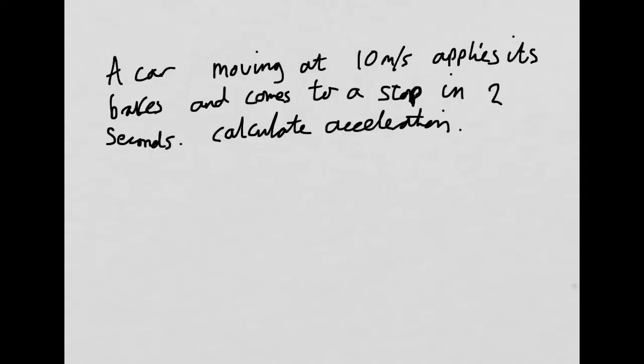So here's a second question. This time we've got a car moving at 10 meters per second and it's applying its brakes and comes to a stop. It does that in 2 seconds. Calculate the acceleration this time. We can use the equation again: change in velocity divided by time is equal to acceleration. What's the change in velocity from 10 to 0? If it's come to a stop, it's gone to 0.